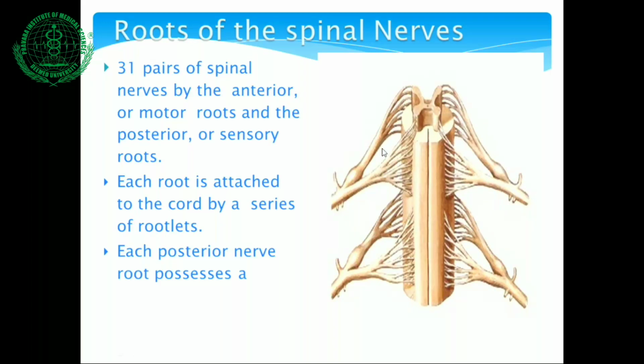The next content of vertebral canal is the spinal nerves. Adjacent and on either side of the spinal cord there are 31 pairs of spinal nerves. Among these 31 pairs of spinal nerves, the distribution is in cervical, thoracic, lumbar, sacral and coccygeal regions.